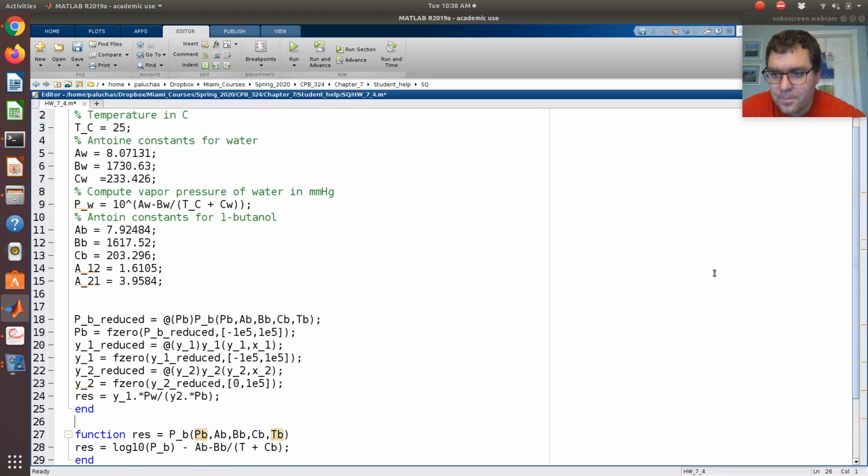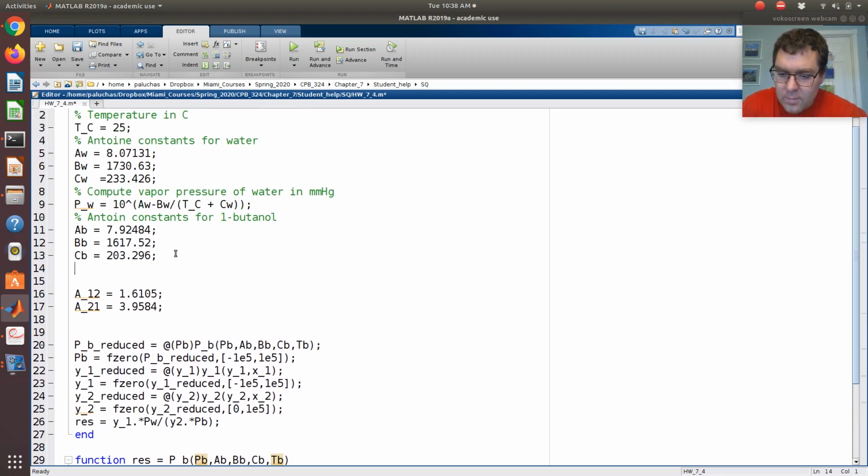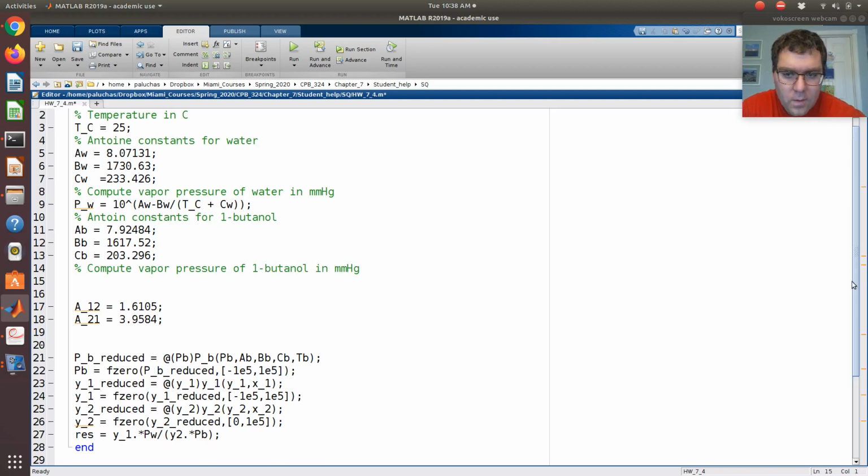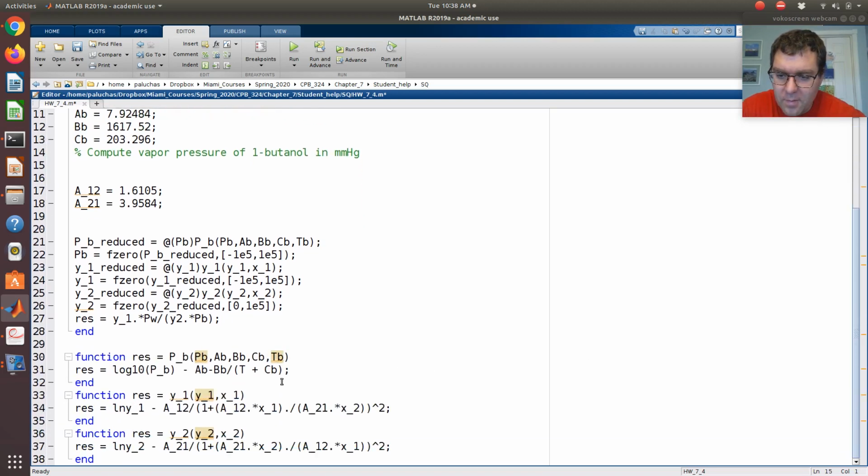Then we'll repeat for butanol. So we'll compute vapor pressure of 1-butanol in millimeters of mercury. Come down here again, we had the same thing, and there's nothing wrong with it.